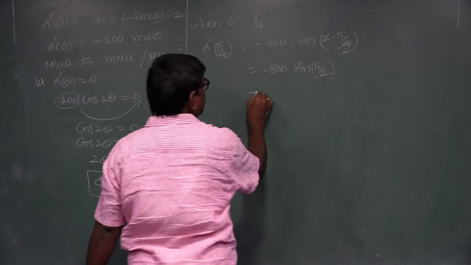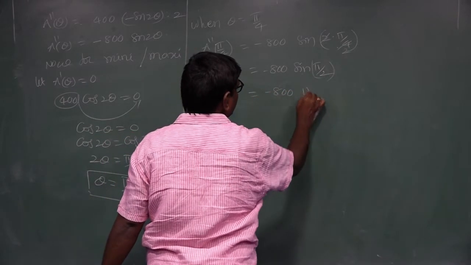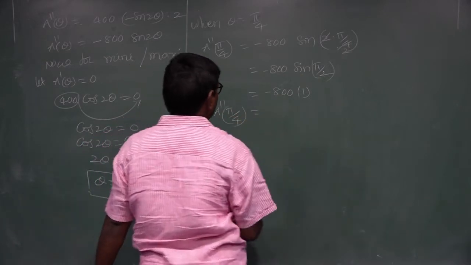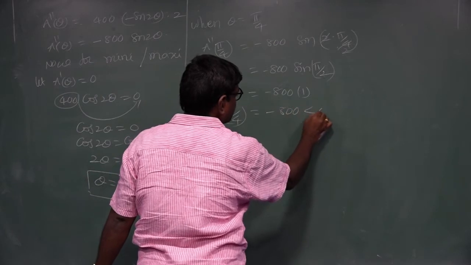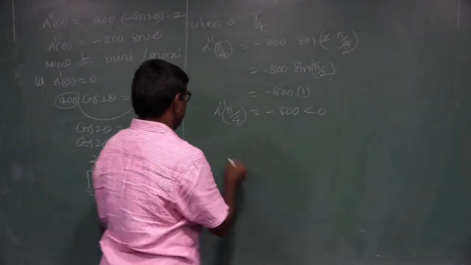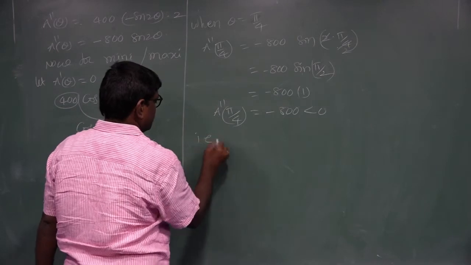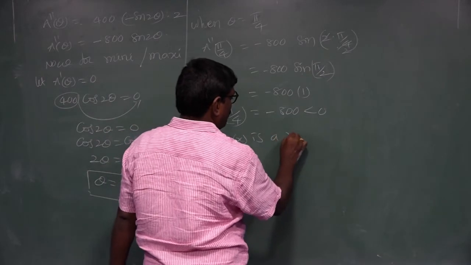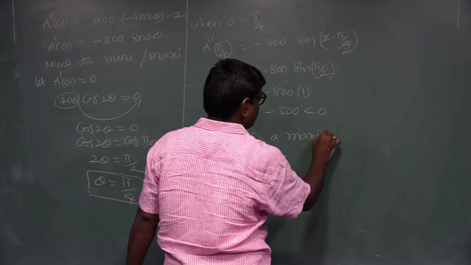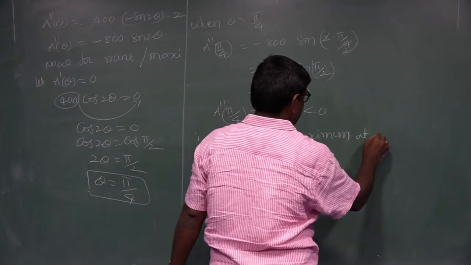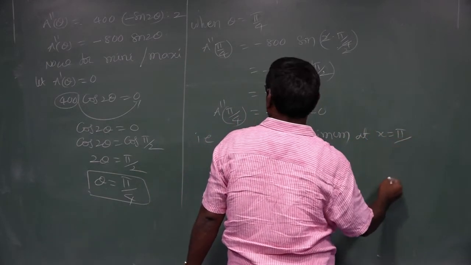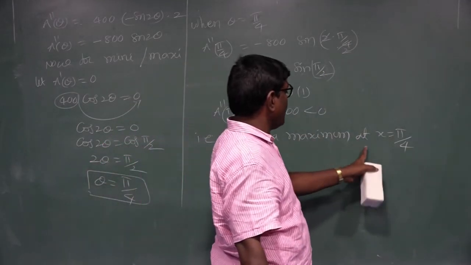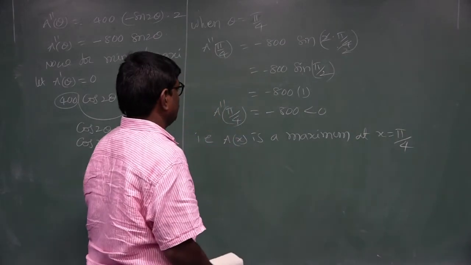Sin pi by 2 value is 1. This A double dash pi by 4 equal to minus 800, which is less than 0. That is, A of theta is a maximum at theta equal to pi by 4.